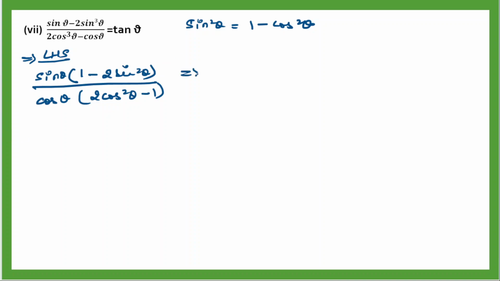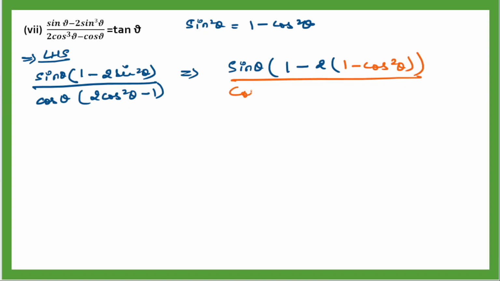So in the numerator, we are going to write sin theta into (1 minus 2 times (1 minus cos square theta)) divided by cos theta. And in the denominator, we are not going to change our 2 cos square theta minus 1, we are writing it as it is. Or you can change the denominator if you want, but you can't change the numerator.